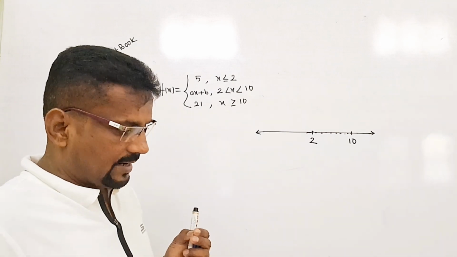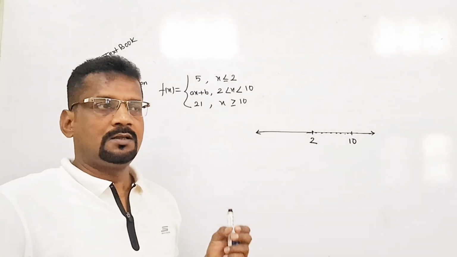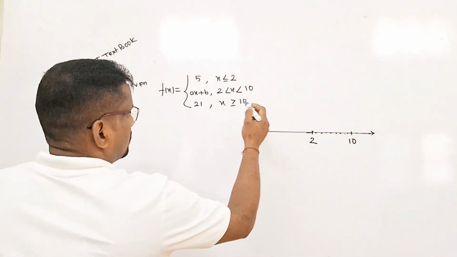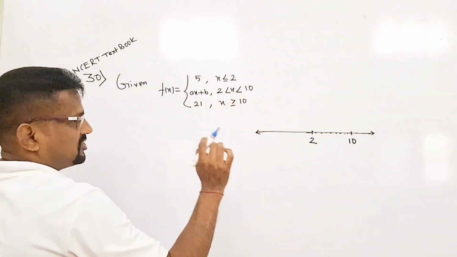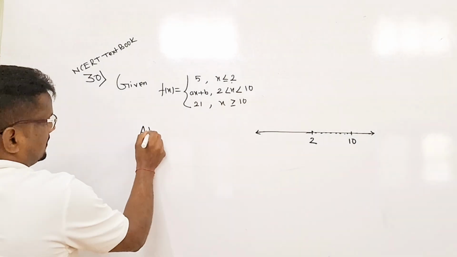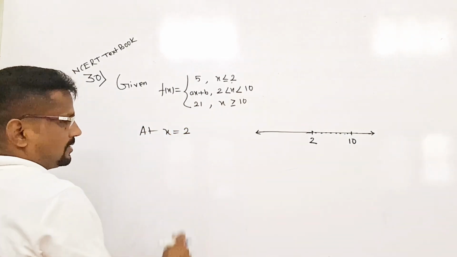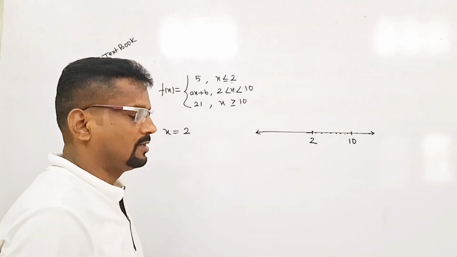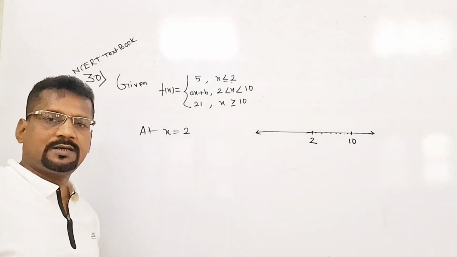Now, as the function is continuous, let us take 2 points. Which 2 points do you have to consider to check the continuity? At first, at x equal to 2. Definitely at x equal to 2, the function is continuous. That's why the left hand limit must be equal to the right hand limit.